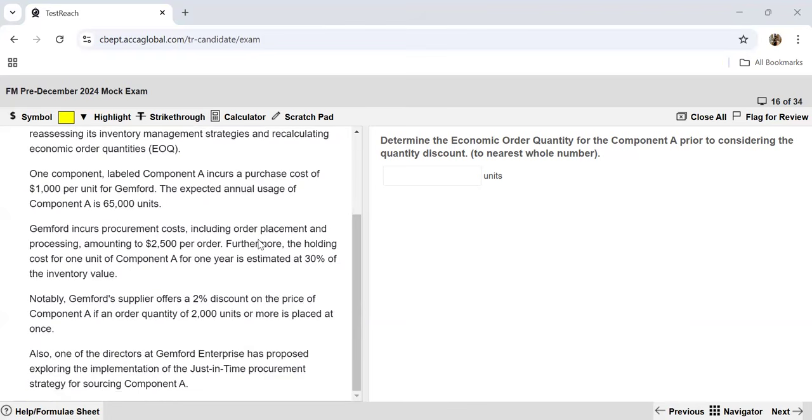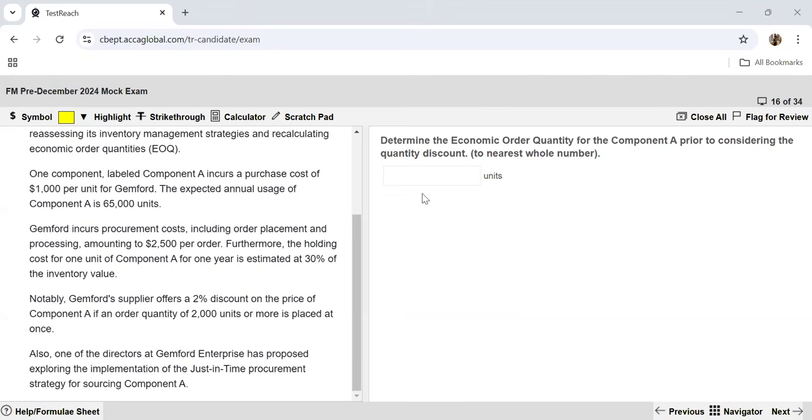Now, one component, labeled component A, incurs a purchase cost of $1,000 per unit. The expected annual usage of component A is given to us as 65,000 units. Gemford incurs procurement costs, including order placement and processing, amounting to $2,500 per order.